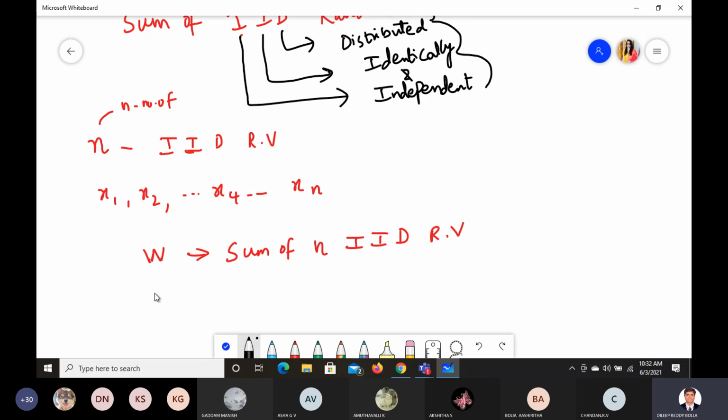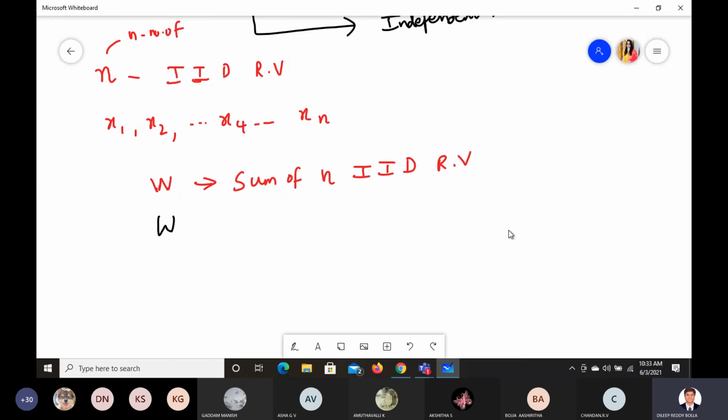Now, how to write this w? It's difficult to write every time. We cannot write x1 plus x2 plus x3 plus x4 plus x5 plus x6 plus xn. But how to write that professionally in mathematics? How to write this wn we are trying to find? When you have some things to add, what do we use? We can write x1 plus x2 plus and so on; this is also not wrong.